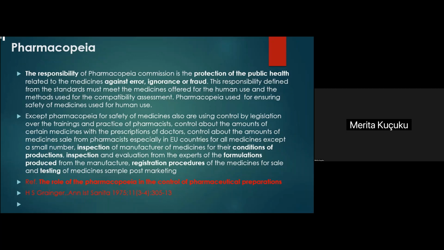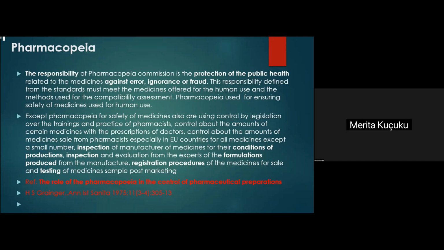Besides the pharmacopoeia, safety of medicines also relies on control by legislation over the training and practice of pharmacists, control of the amounts of certain medicines with the prescription of doctors, and control of the amounts of medicines sold by pharmacists, especially in EU countries, for all medicines except a small number.